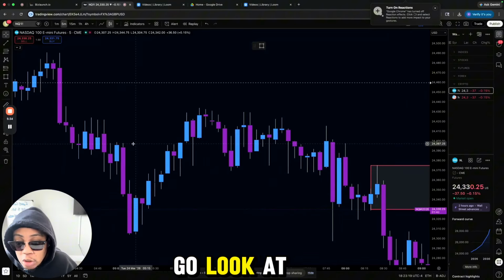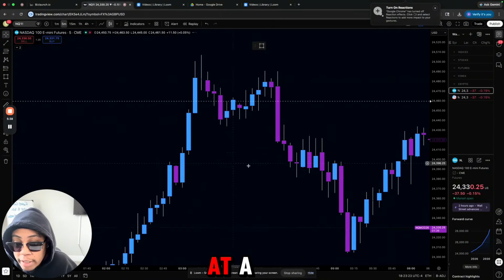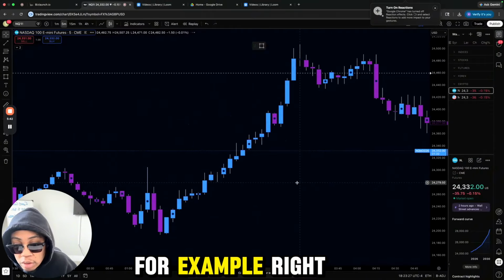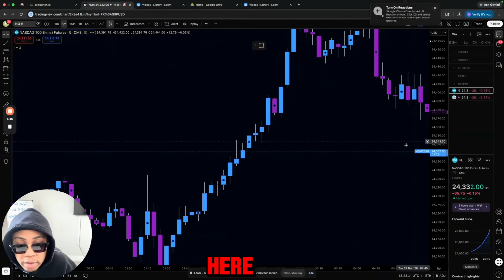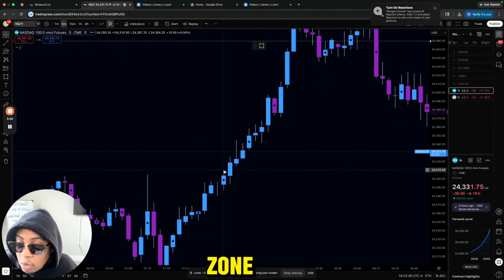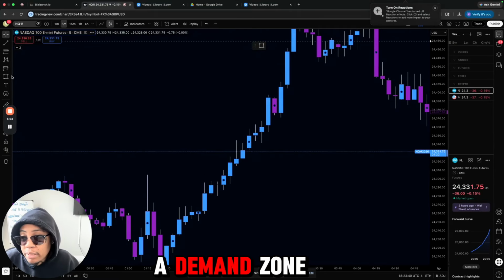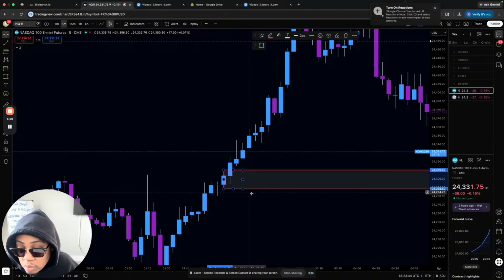So now let's go look at a demand candle, for example, right? Let's say, for example, right here, would you call this a demand zone? No, you would not call this a demand zone.